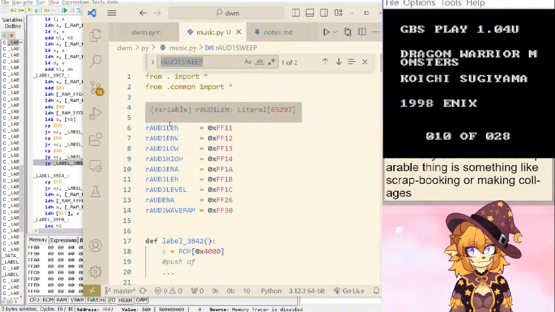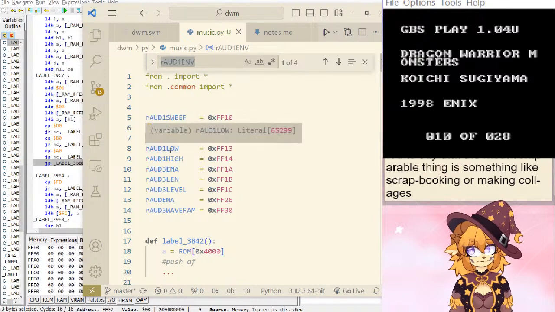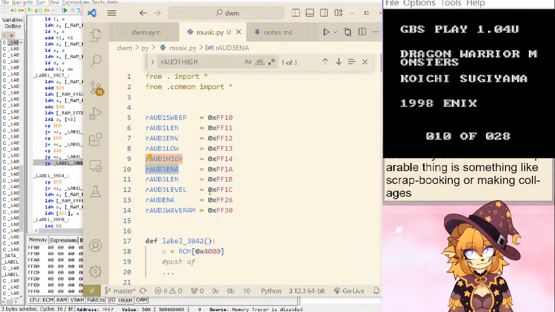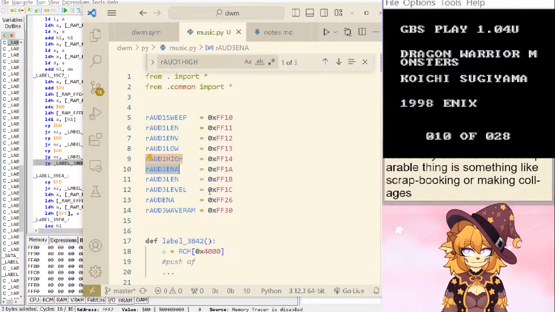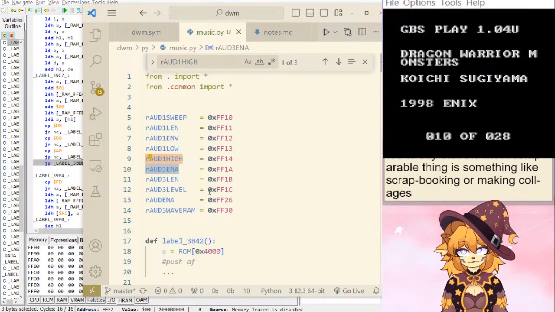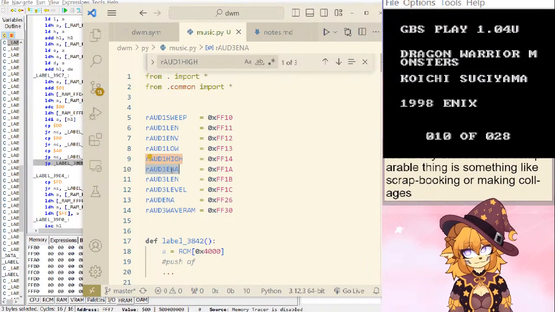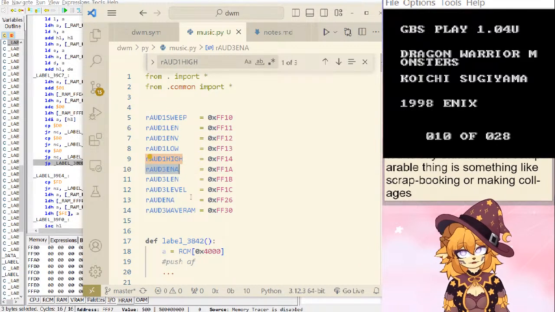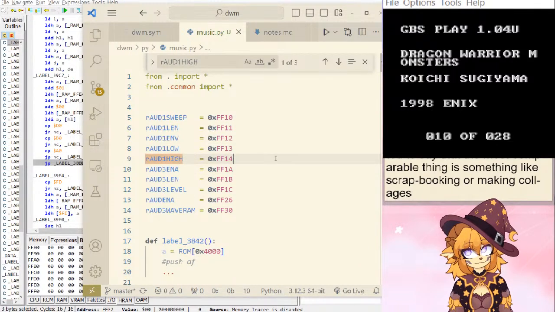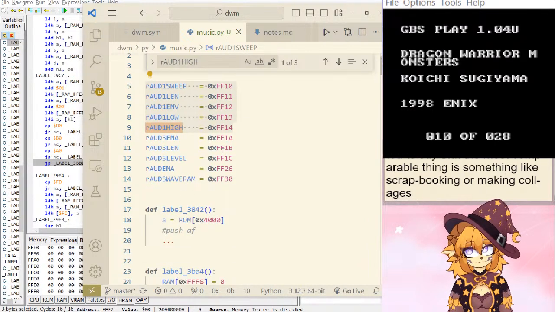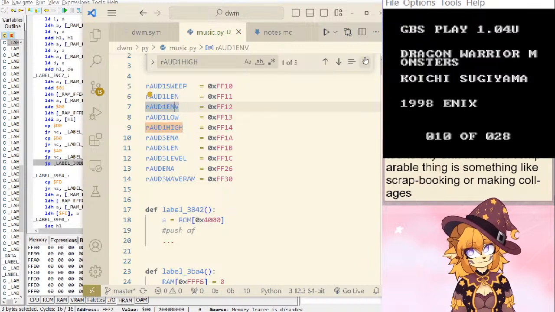Sweep, blend, and low, high, and some of the channel 3 stuff, which is the wave channel, so got the loading the samples in, and some other special assignments to the channel, which I assume the other ones that aren't the special assignments to the channel are just done through this, through offsets and this.